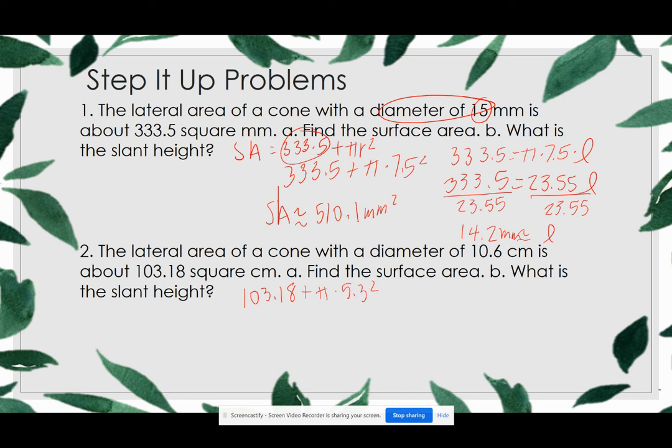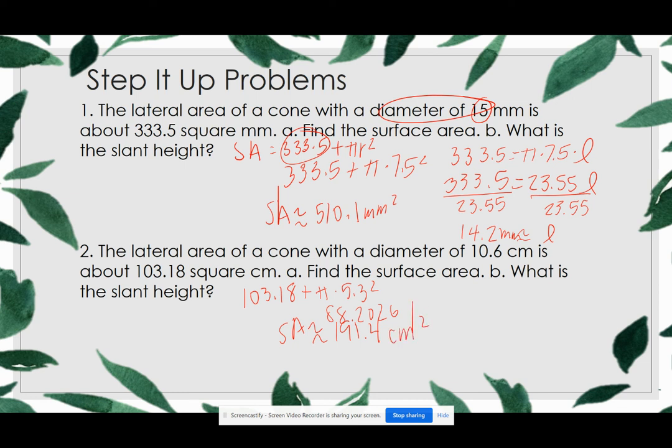So 3.14 times 5.3 times 5.3 is 88.2026. And add that to 103.18, and we get our surface area as approximately 191.4 centimeters squared.